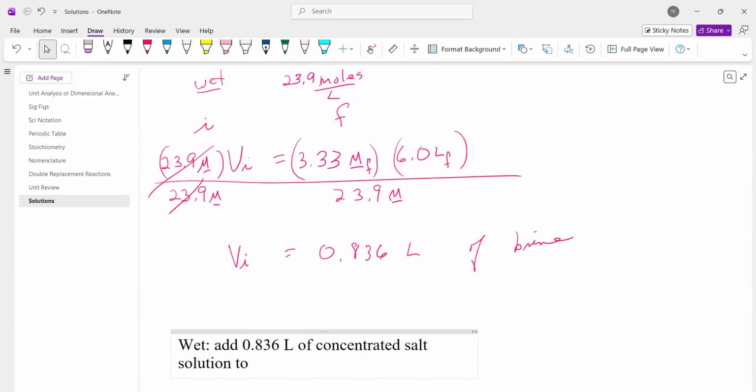Okay, how do we figure out how much water to add? Our final volume is, what, 6? That's going to be 6 minus.